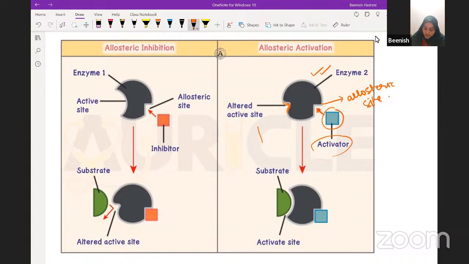And you can see the substrate is so large and huge, like a D. So this was unfavorable for the substrate to bind. But because of this activator binding to the allosteric site, you can see the change in the active site or the catalytic site. So the active site has altered. This unfavorable active site has become favorable.